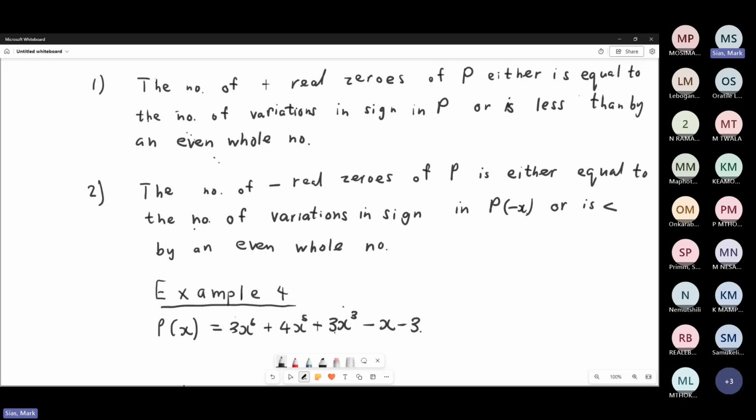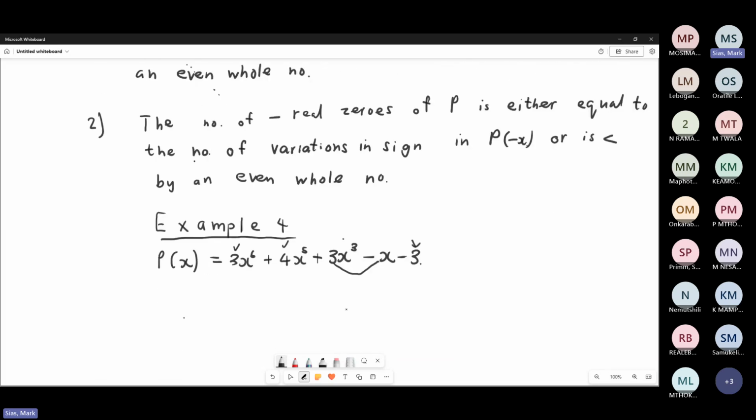Look, there's one variation in sign here. It is arranged in descending order. There's nothing to compare this one with here. So you can see that 3 is positive, 4 is positive, 3 is positive, minus 1, it's negative. So you have one variation in sign. So it's one variation.